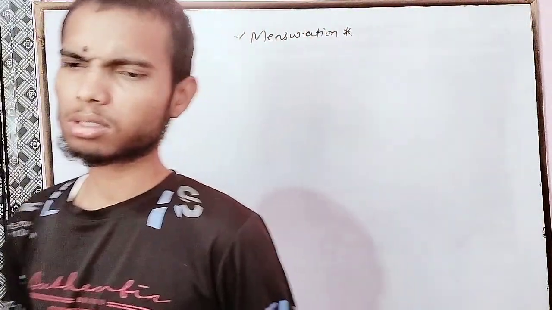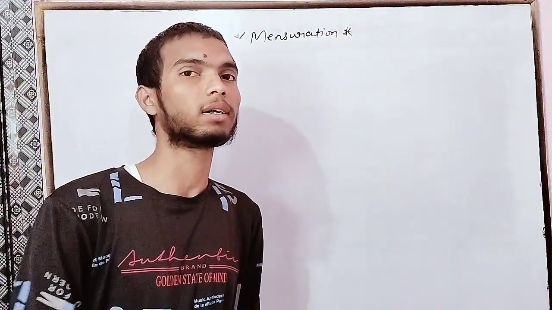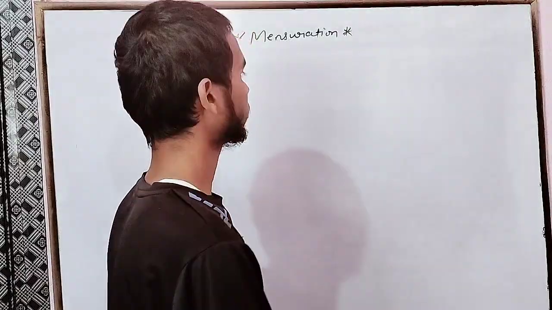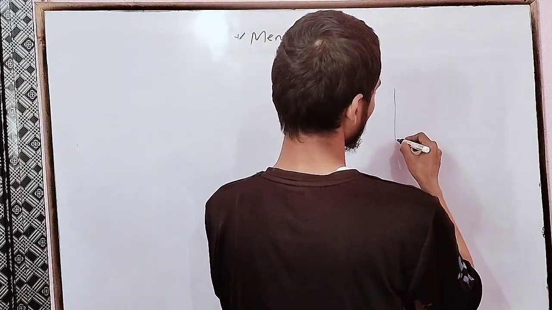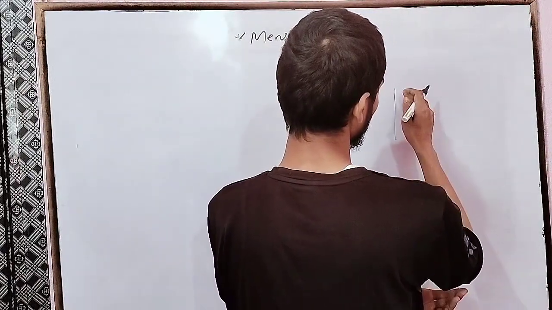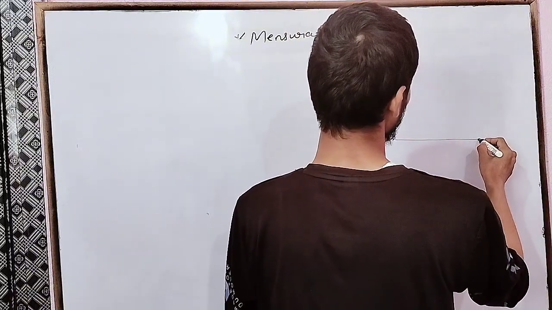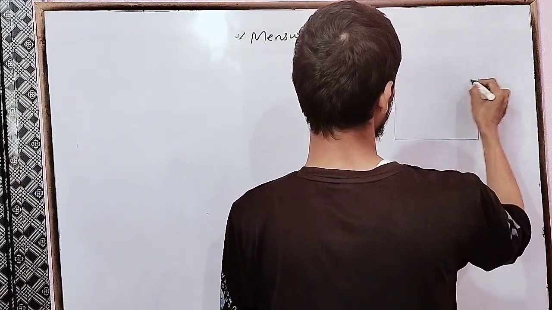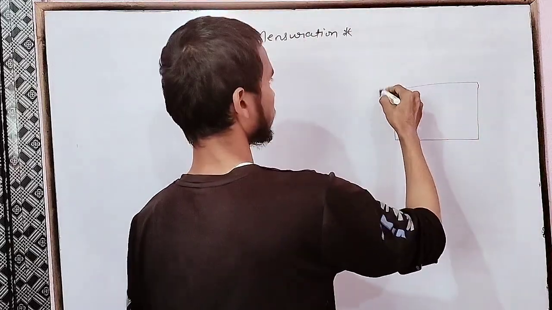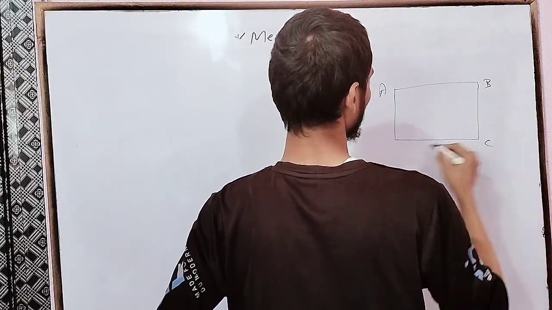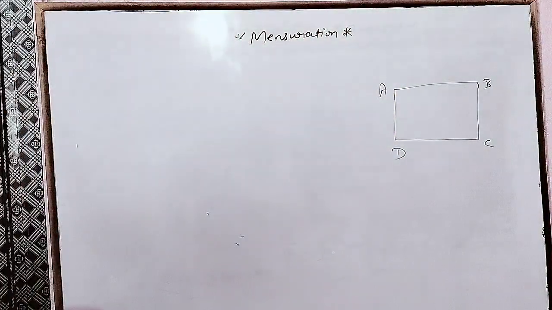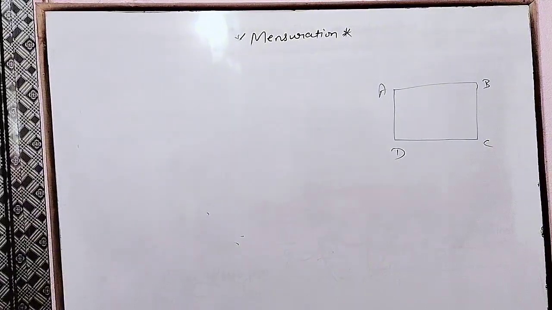So to find the area of a general quadrilateral, let's say this is a quadrilateral. This is a general quadrilateral.